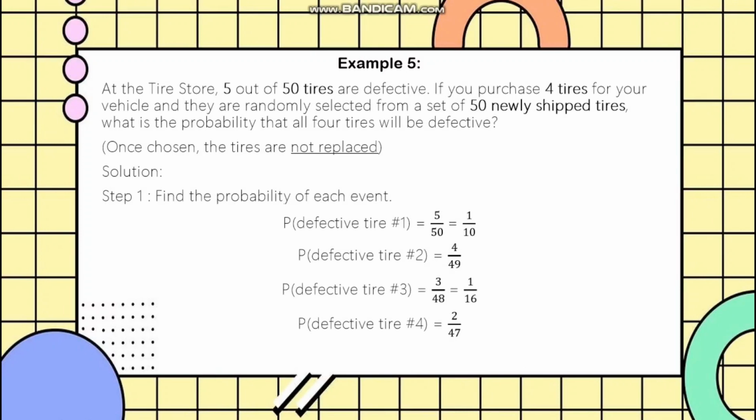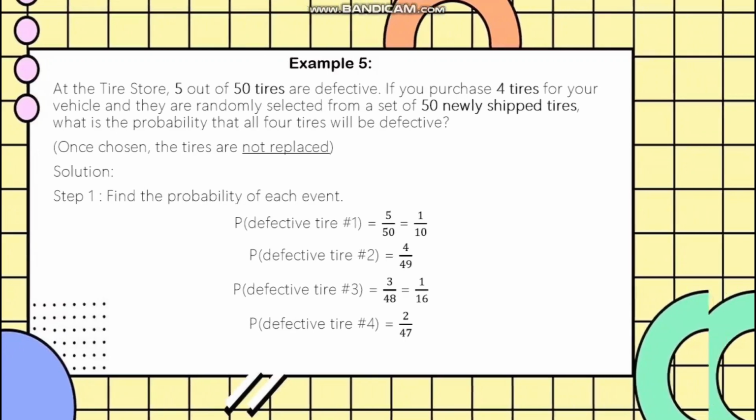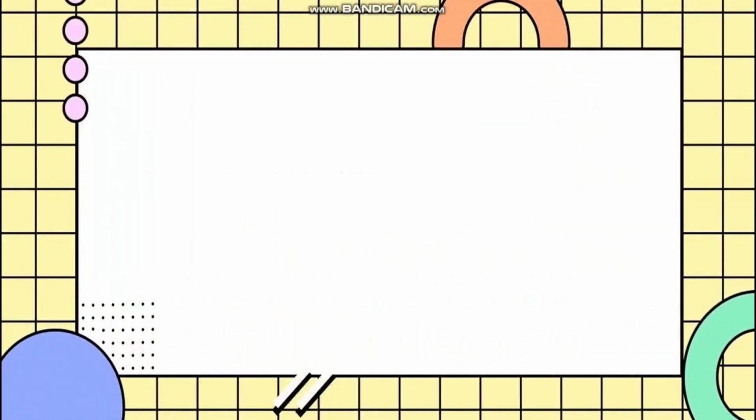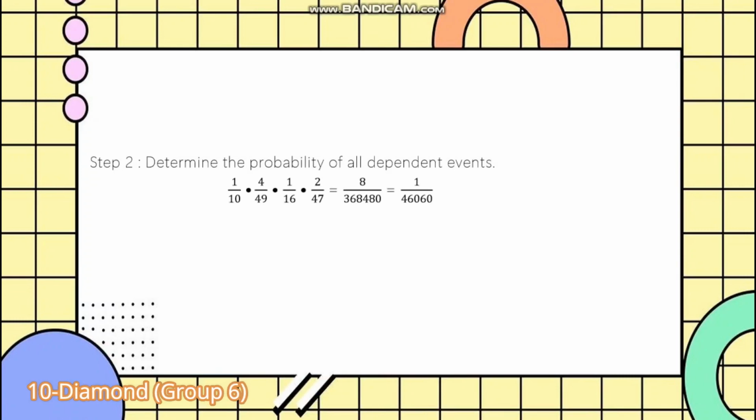Since we already got the probability of all dependent events, all we have to do is multiply all the probabilities that we got. 1 over 10 times 4 over 49 times 1 over 16 times 2 over 47, which is equal to 8 over 368,480.